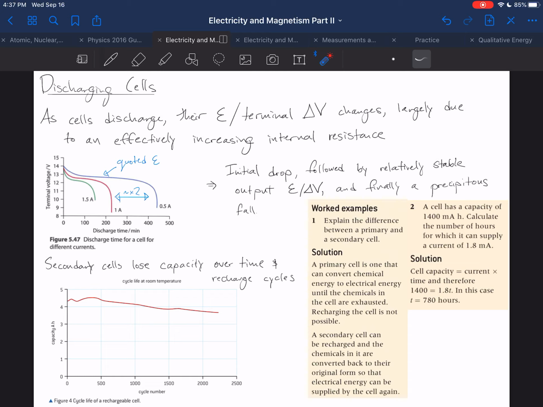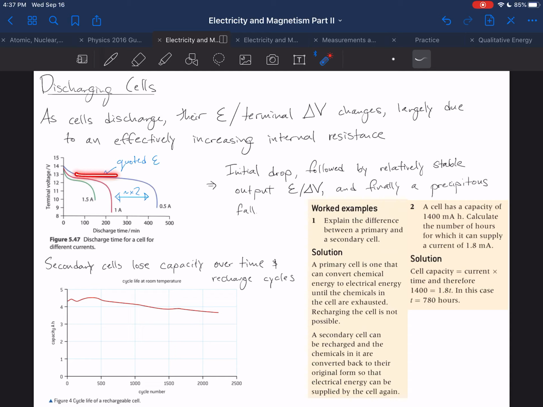However, right at the beginning of any particular use of a cell or battery, there's an initial drop-off. What's happening there is the low-hanging fruit of the charge has been reacted, and some of those chemicals are now slightly in the way, and so you get an initial drop-off right here.